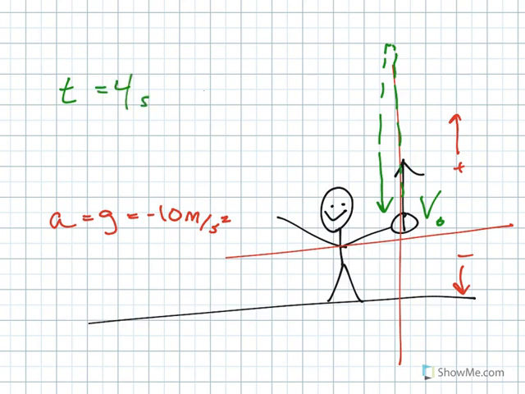That's the time to return to its initial position from when you threw it. So that is the total time in the air until it comes back to your hand. It's 4 seconds, yeah.